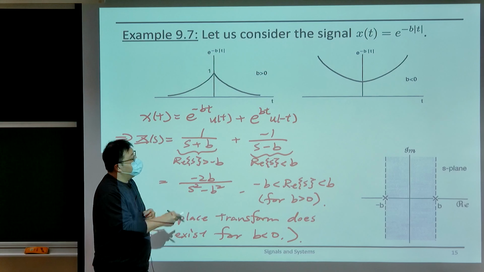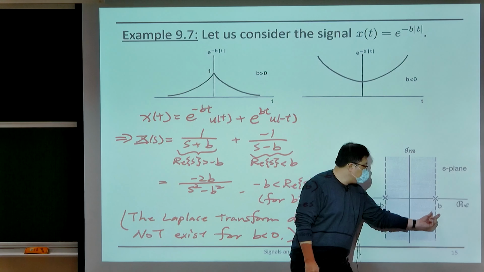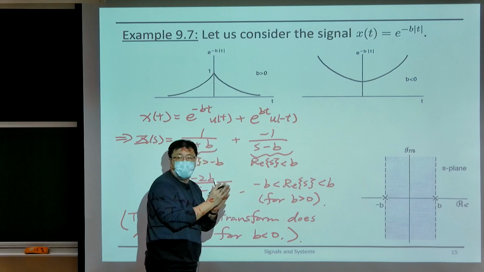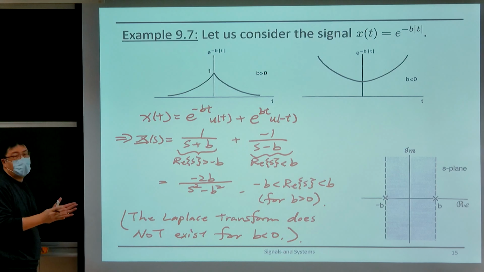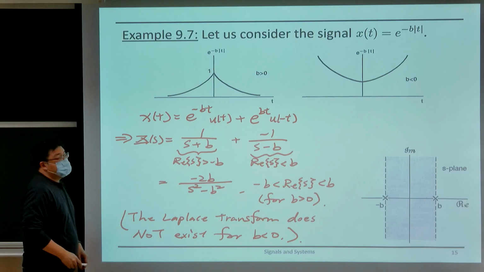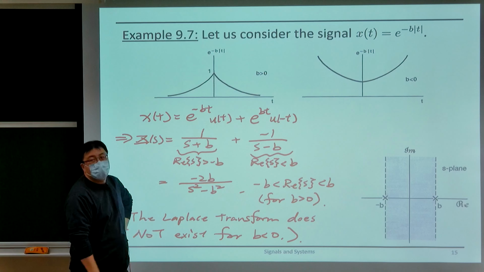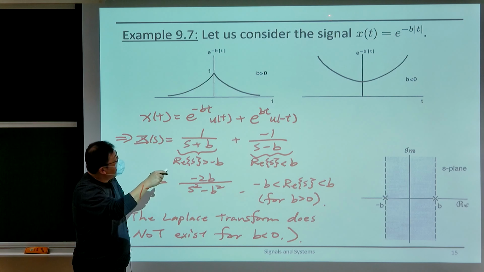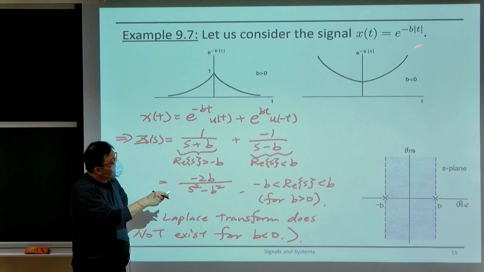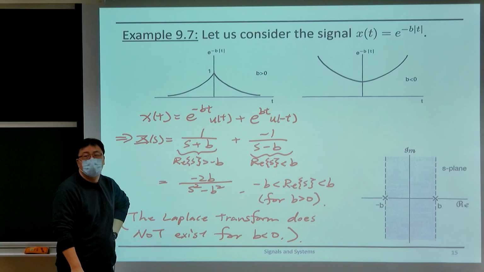But if b is less than 0, then b becomes less than minus b, meaning that there is no region of convergence, and therefore the Laplace transform does not exist, okay? And that is reasonable because, if you look at a signal like this, if you multiply it by a decaying exponential that decays to the right, then it's possible to suppress this part of the signal, but this part of the signal still goes to infinity, okay?